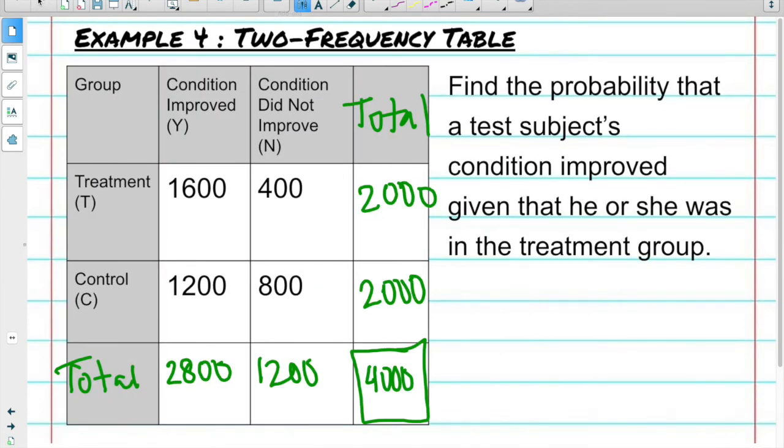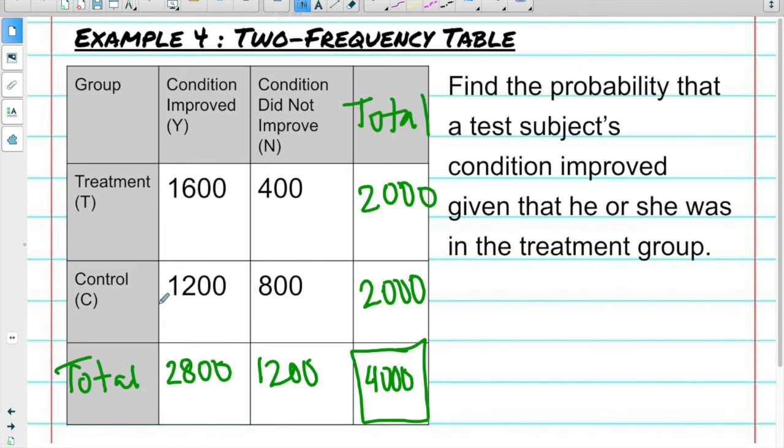Okay, so the probability that a test subject's condition improved, given that he or she was in the treatment group. Notice that this 2000 up here represents all people who were in the treatment group. This 1600 represents people who were in the treatment group and their condition improved. This 400 represents people who were in the treatment group and their condition did not improve. 1200 represents the control group whose condition improved.